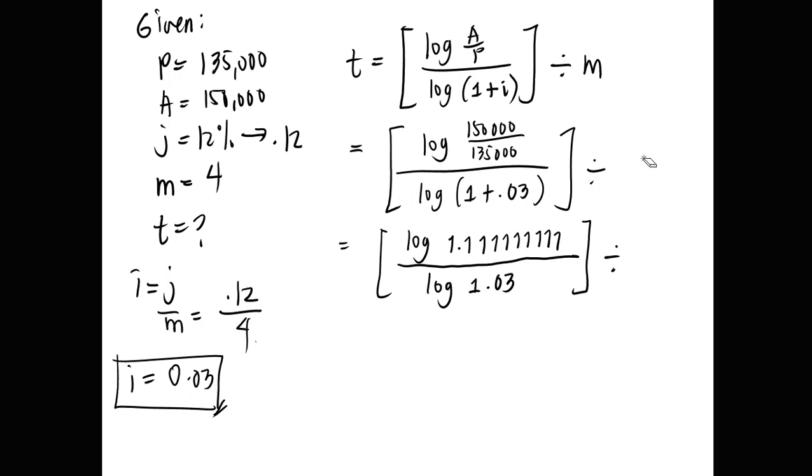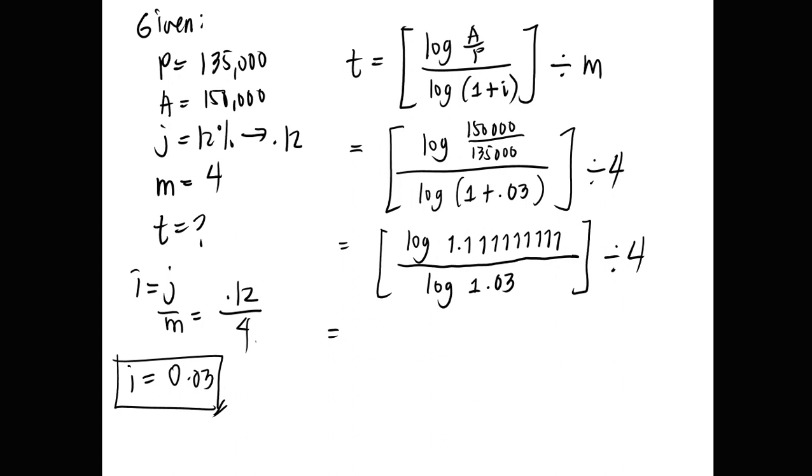And then divide by our M. Ayan, di pa pala natin siya na-substitute kanina. Ang M natin ay 4. So divide it by 4. Okay. So, again, pindutin po natin si log. Kapag po base, kapag po may sub, ang isa-sub po ninyo doon ay 10. Okay? Pag wala naman, then pakisulat na lang or pakitype na lang po lahat yan. Log and then 1.11. Okay, 1 po yan ha.